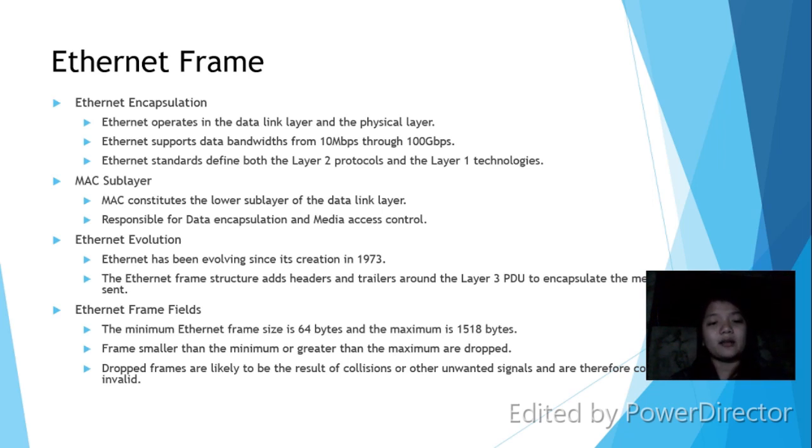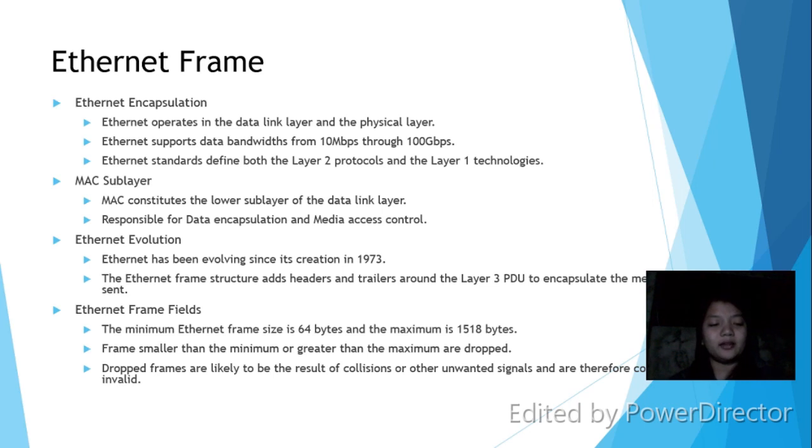The Ethernet frame structure adds headers and trailers around the layer 3 PDU to encapsulate the message being sent.